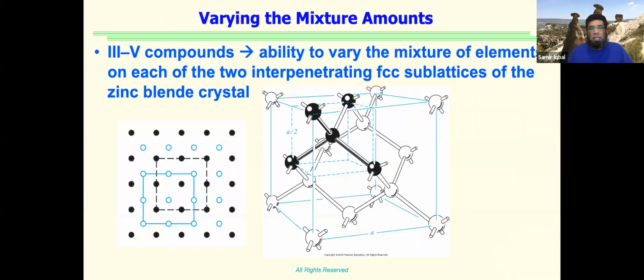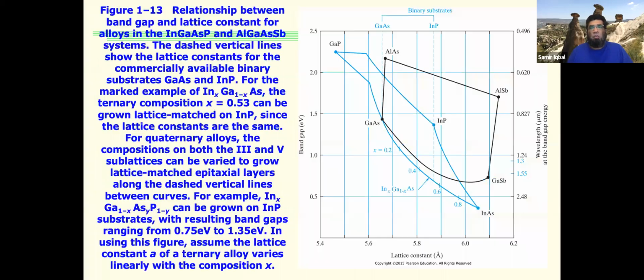Now, by changing lattice constant, what can happen? There are two new things I'm introducing here today. By changing lattice constant, okay, we cannot change a lattice constant for an element. We cannot change lattice constant for a material in a very specific composition.